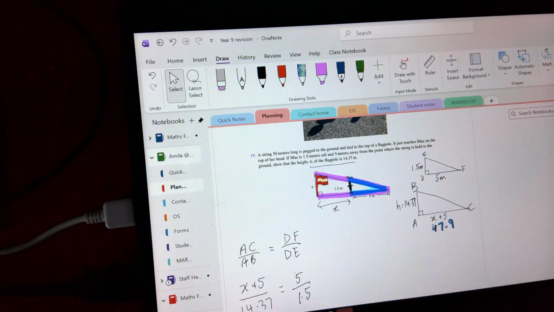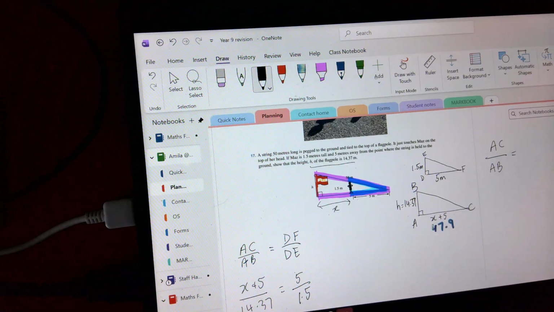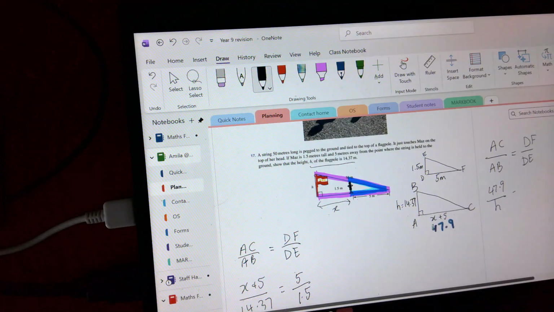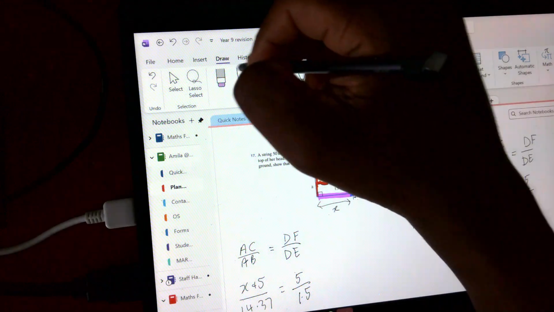So this time I'm going to redo my similarity problem, but I'm going to work out h. I'm going to do AC over AB equals DF over DE, but this time I know AC is 47.9 over AB. This time I'm trying to find h, so I'm going to put h there, over 5 over 1.5.